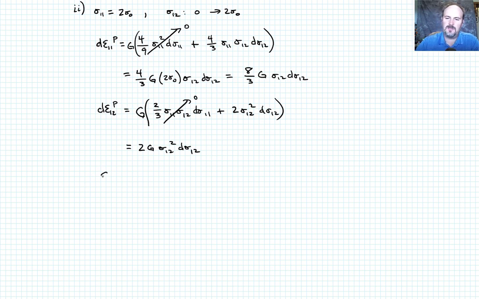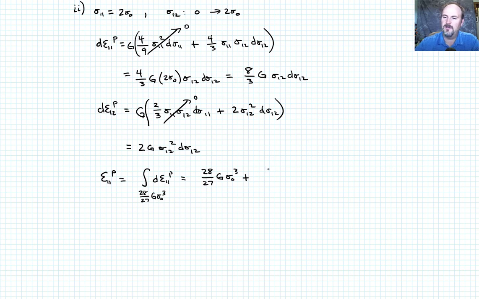Now, let's talk about epsilon 1,1 p. It's not so simple to say we're just going to integrate d epsilon 1,1 p exactly, because we now have a non-zero term here. This term was that 28/27 g times sigma naught cubed up to there. So we write that as 28/27 g times sigma naught cubed. That's what we had originally.